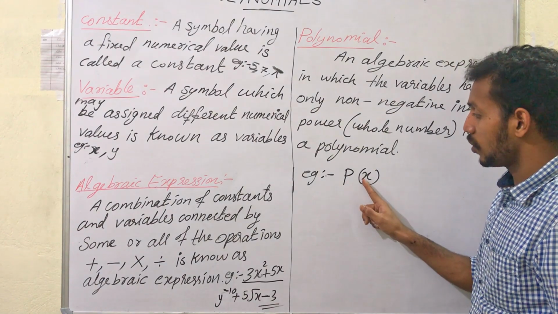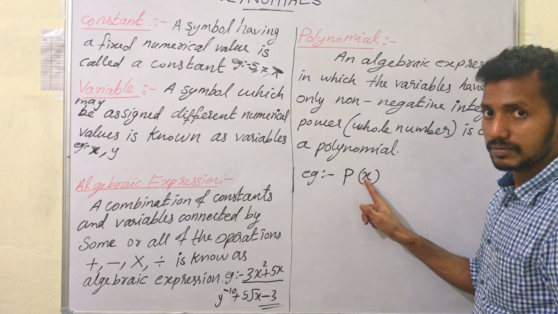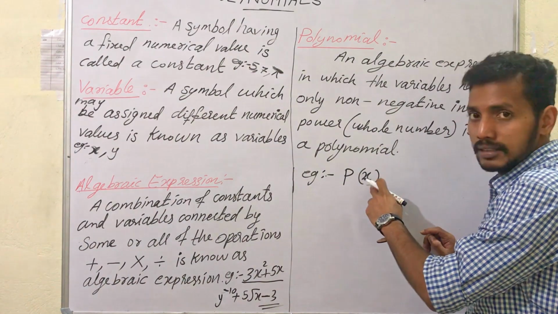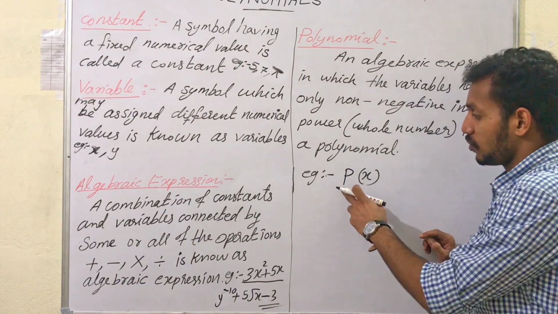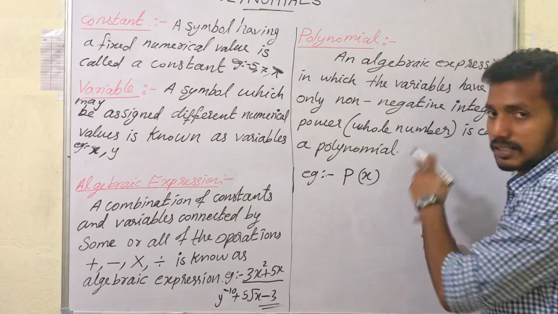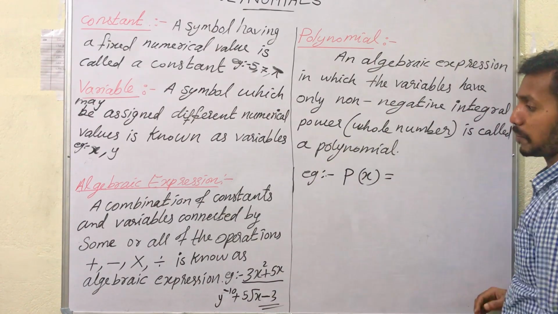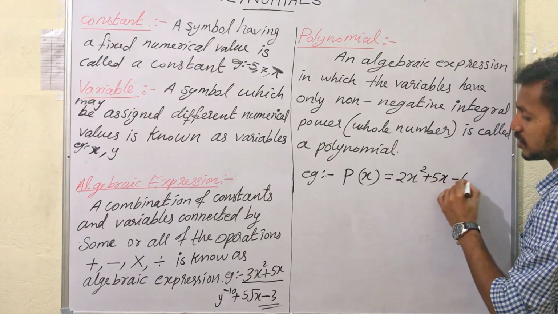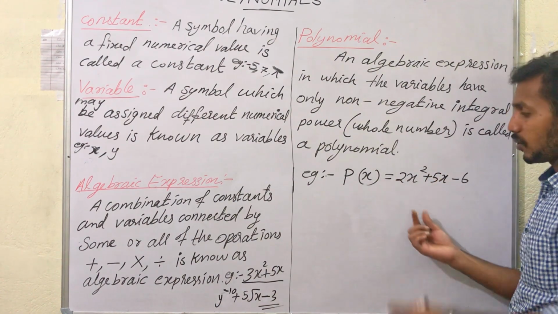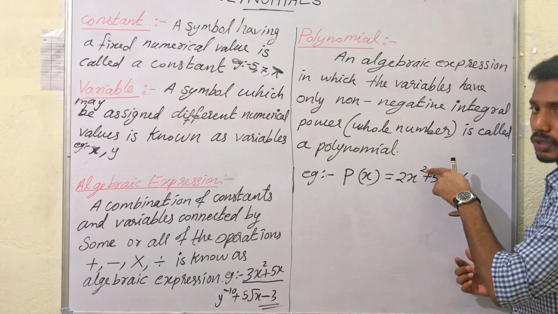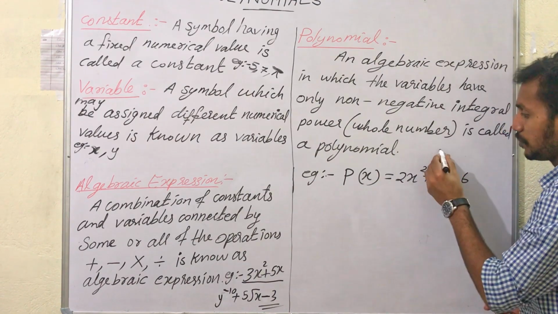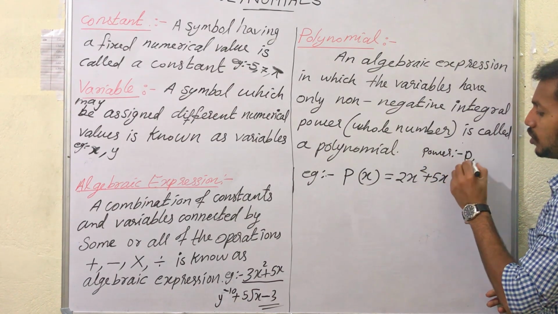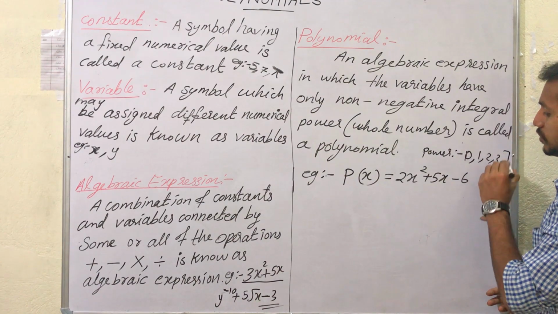We will represent a polynomial in the variable x like this: p, then bracket, then put the x here. We can write p of x equal to 2x square plus 5x minus 6. This is a polynomial because here the power of x is 2, which is a whole number. The power should be a whole number, 0, 1, 2, 3, etc.